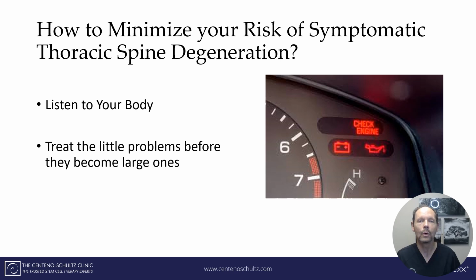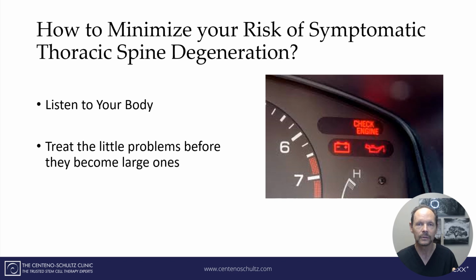So how in the world do you minimize the risk of becoming symptomatic with thoracic spine degeneration? It's quite simple. Listen to your body. When you have pain, when you have restriction, when you can't do the things that you want to do, when you can't participate, listen to your body. It's not unlike that red check engine light. You know, you're trying to get out of town on your vacation and there it comes up.